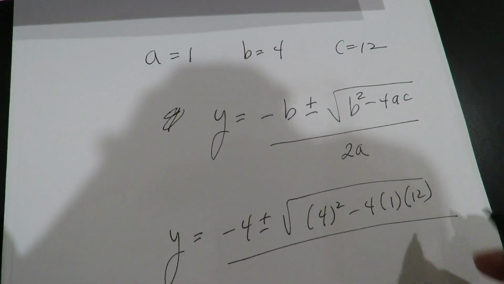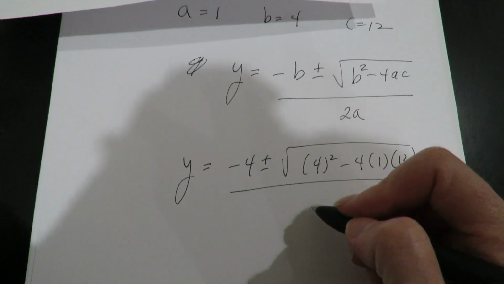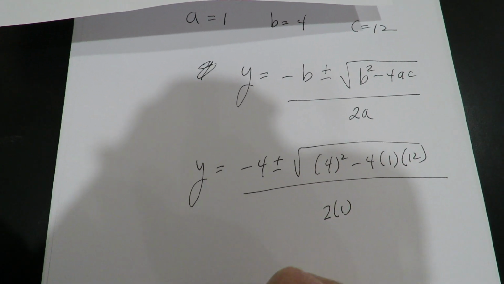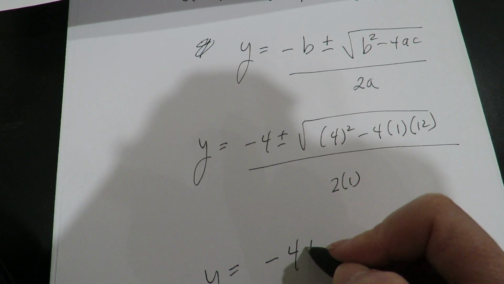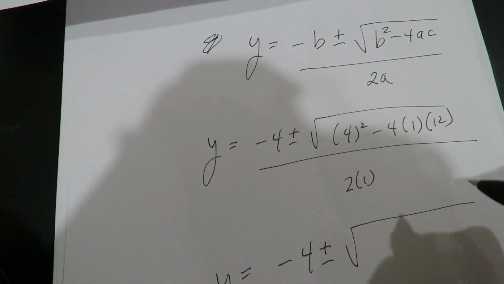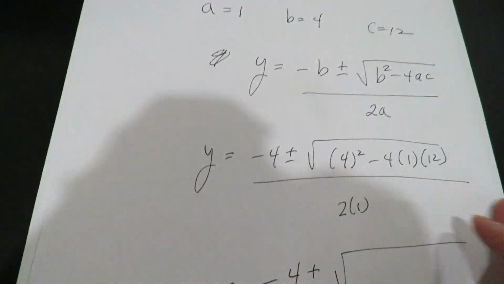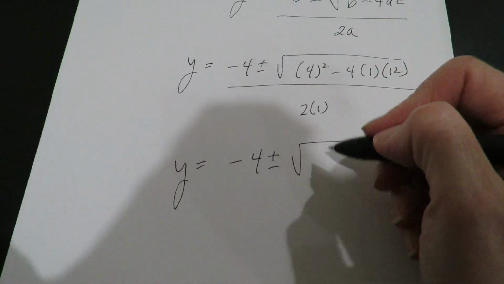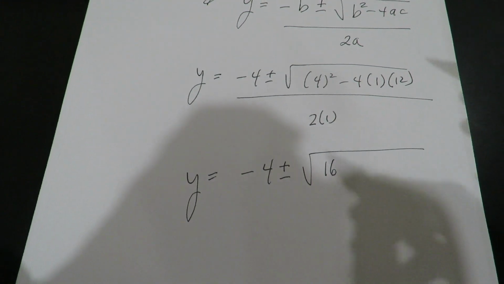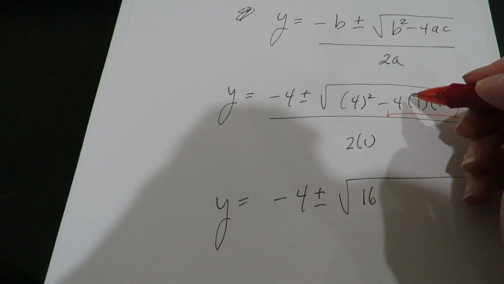So we plug in all the values. We were working on this the other day. Most of the work here is going to be in that radical. Okay, so that 4 squared is going to be a 16. We figure out the signs first.